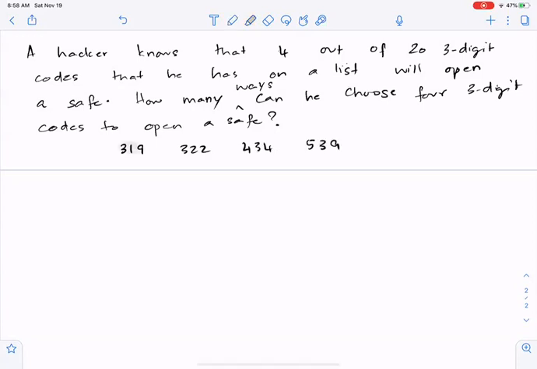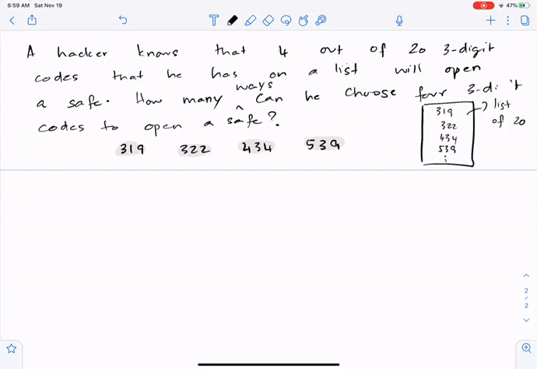So those are 4 3-digit codes, and that is a list of 20.